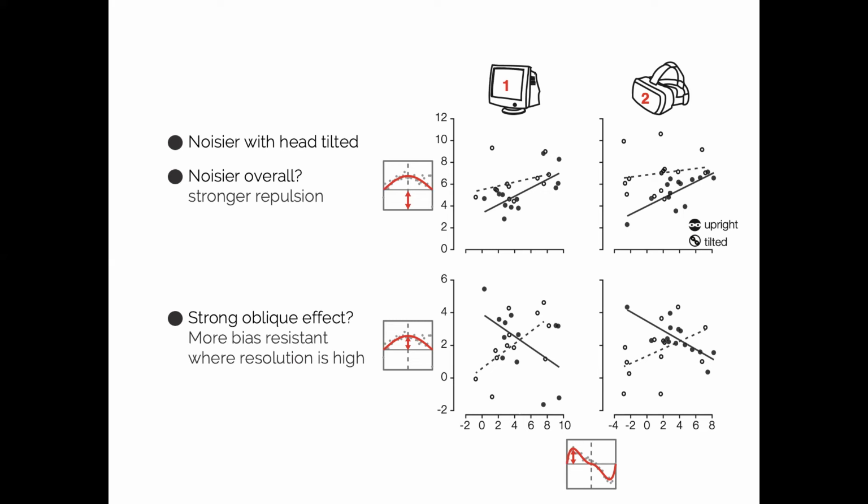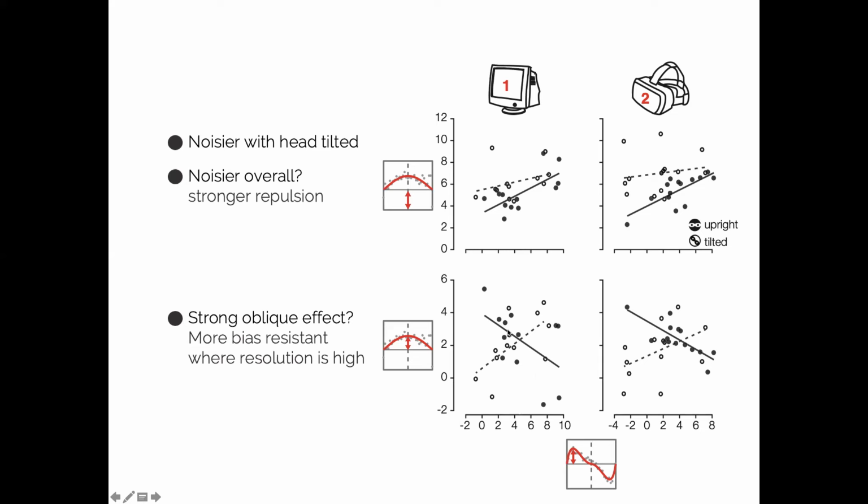Now, this is where things get tricky, right? We thought about this a lot, like what's happening here. Subjects with a really strong oblique effect tend to have not a lot of repulsion bias when their head is upright.